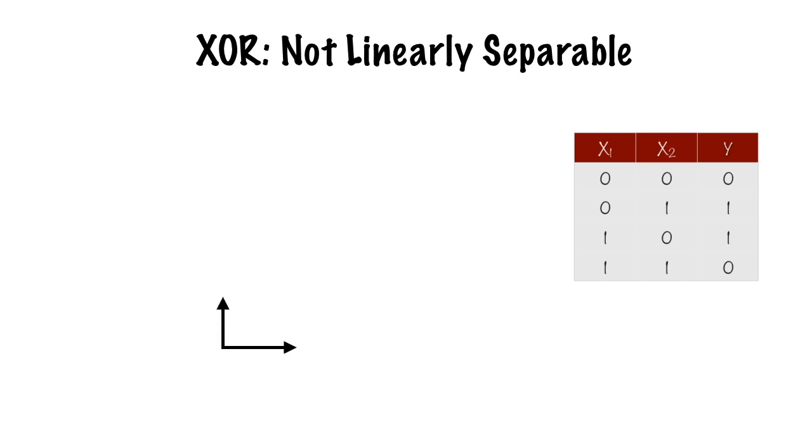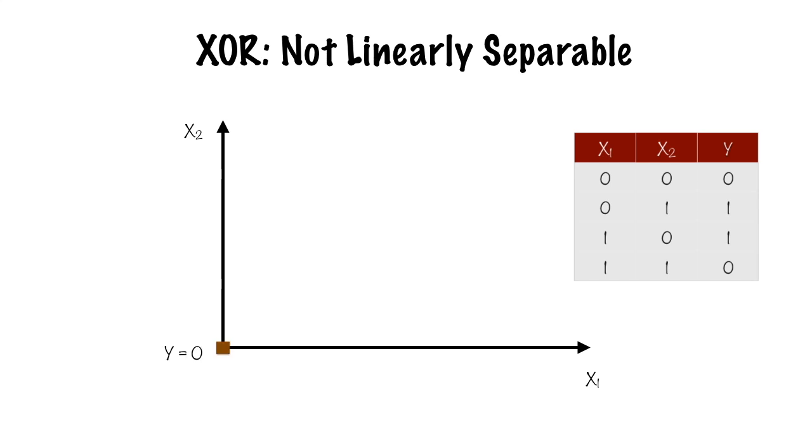Let's understand what exactly that term means. Given that there are two inputs x1 and x2, let's represent these along a pair of axes, x1 along one axis and x2 along the other. Now, let's go ahead and plot the values of y corresponding to the different combinations of x1 and x2. For instance, when x1 and x2 are both 0, y is equal to 0.